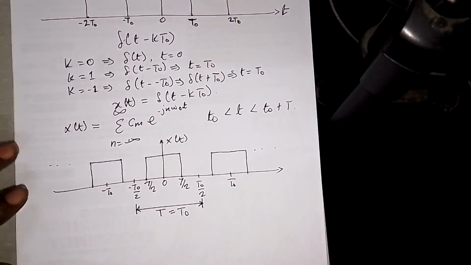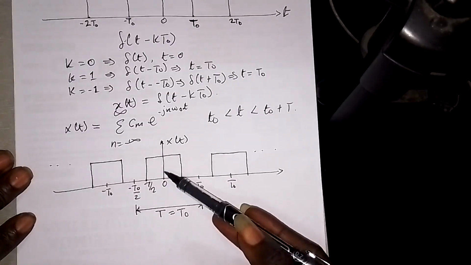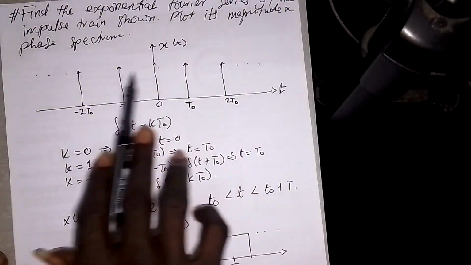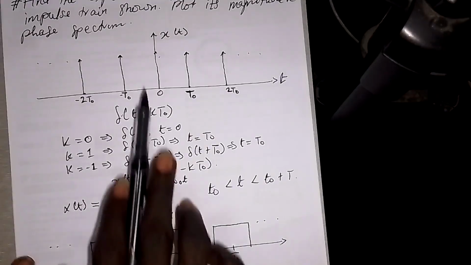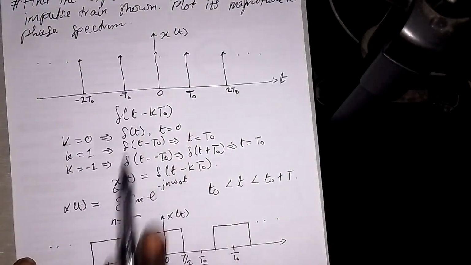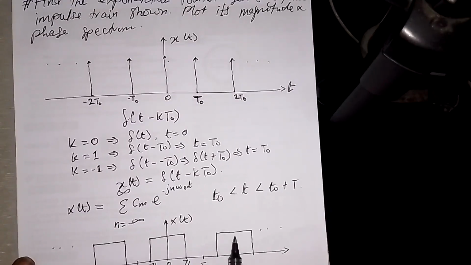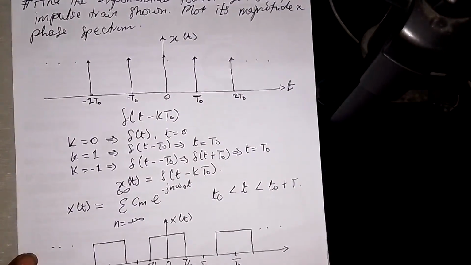You see that these pulses that I have are bigger as compared to this one. So how do these big pulses become small like this?